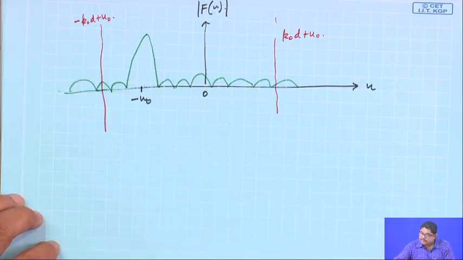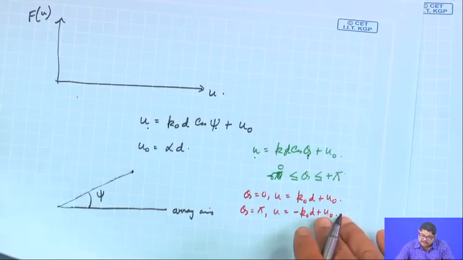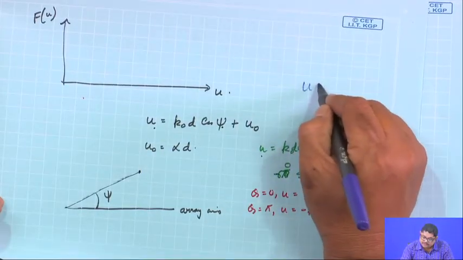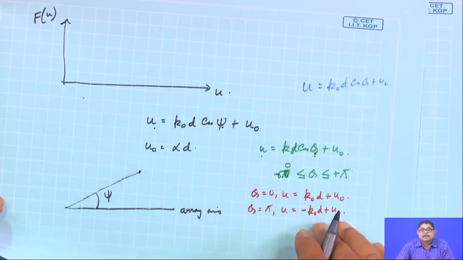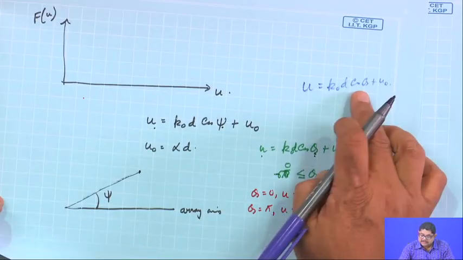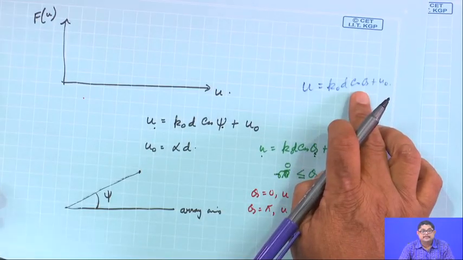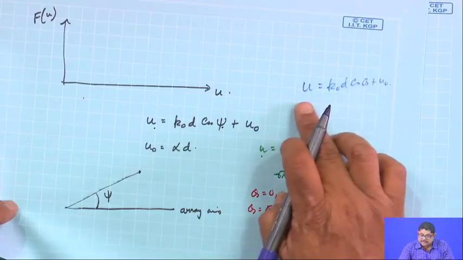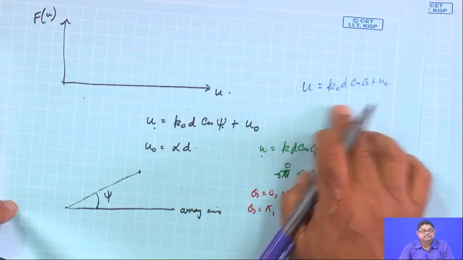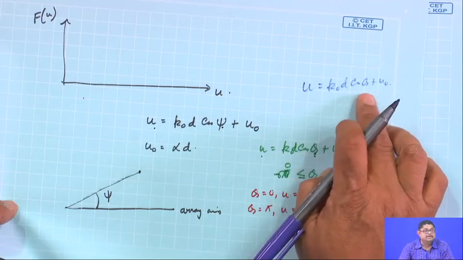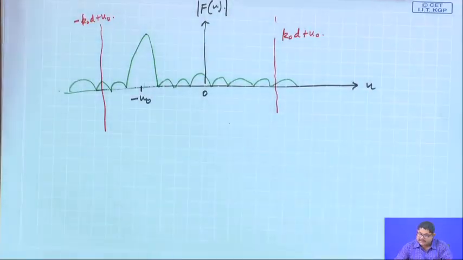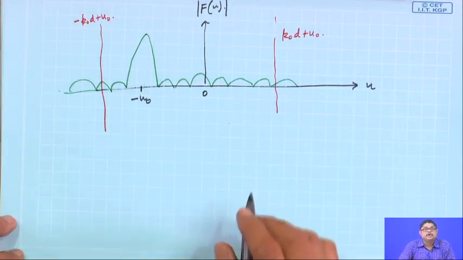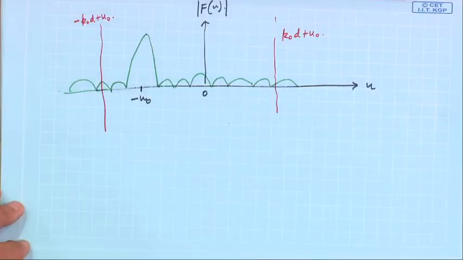Then if you look at this expression, u is equal to k naught d cos theta plus u naught, can I say that in terms of theta, this is an equation of a circle: u minus u naught is equal to k naught d cos theta. It is a nonlinear relation, but it is an equation of a circle. So the next thing I will have to do is draw a circle. Where will I draw the circle?